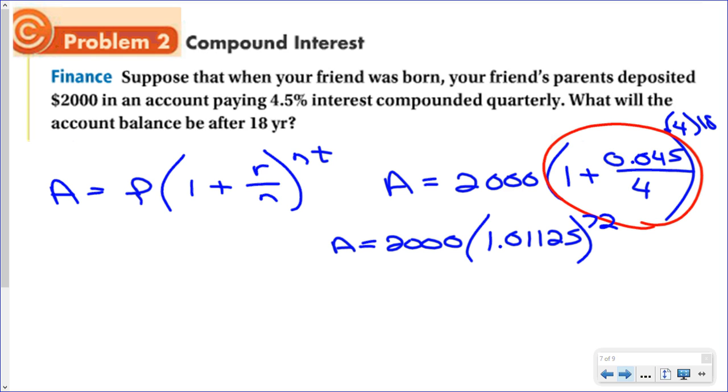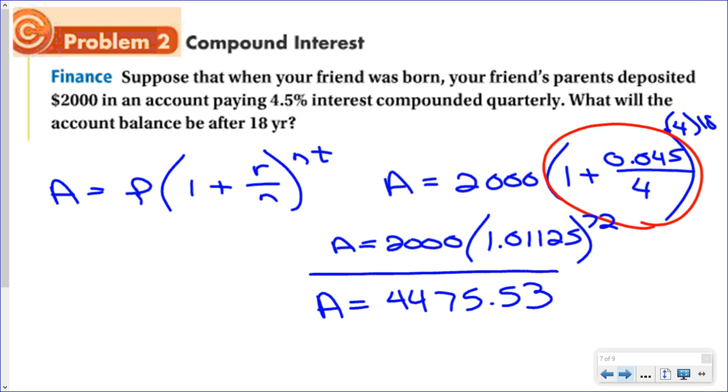These are problems that you typed in your calculator yesterday. You can type it in all at once, or you can do the exponent first. But either way, you should come up with the final answer. As long as you're handy with the calculator, these problems aren't bad at all.